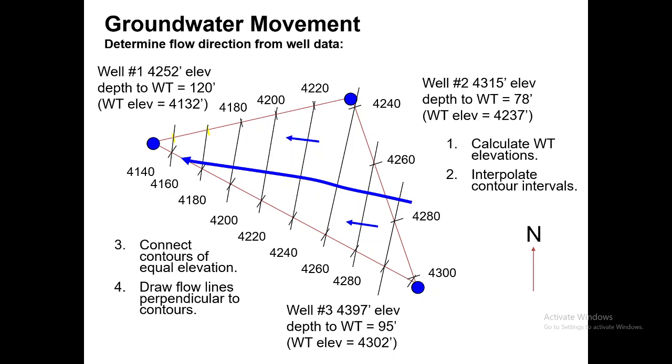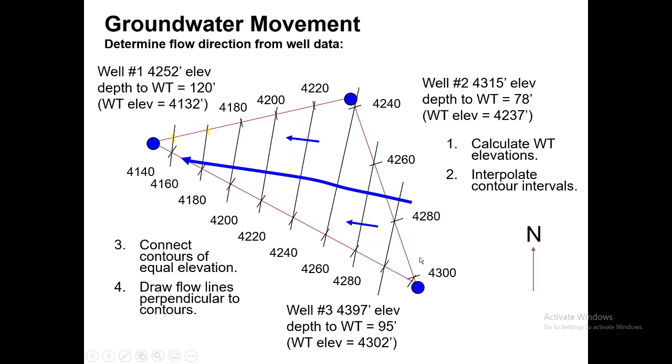This is something how we can determine the groundwater movement. It is a very interesting and very useful method to determine the groundwater flow in a typical direction. For this, we must have data about three different wells about which we are sure about the water table levels, and we are sure about their surface elevation.